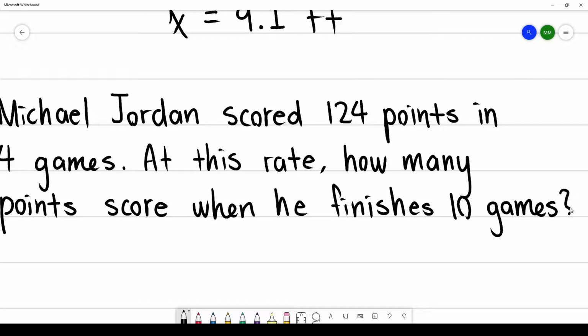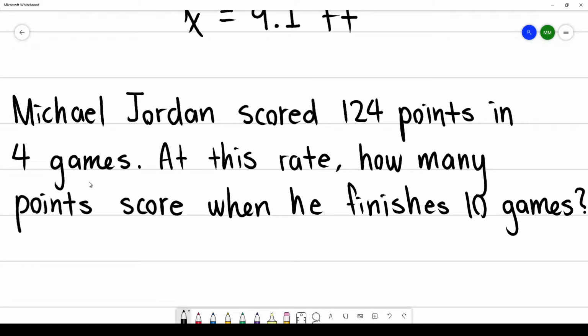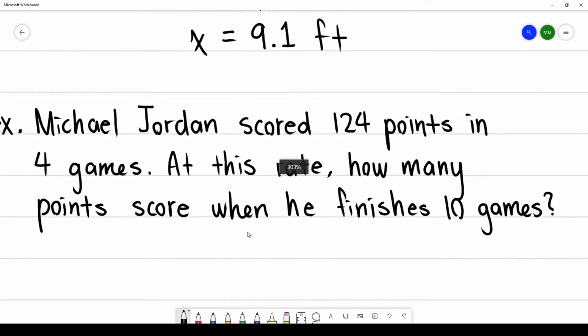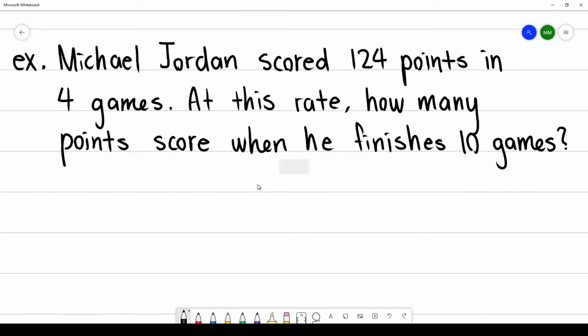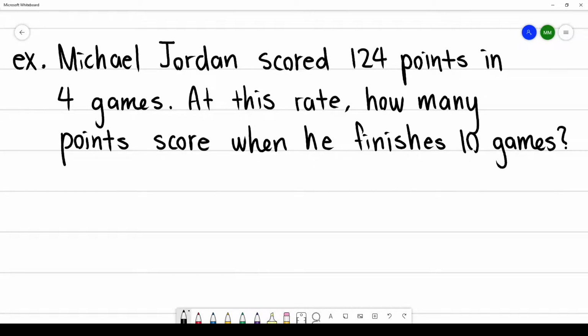And these 10 games also include the 4 games he already played. So the answer will also include the 124 points he already scored. So that is the question, and I will give you guys some time to do it. There are actually 2 ways of doing this, and I'll show both ways, but you guys can try it out right now.